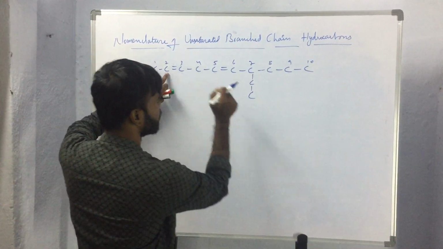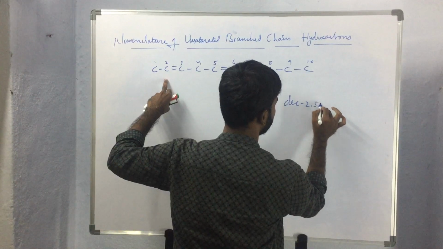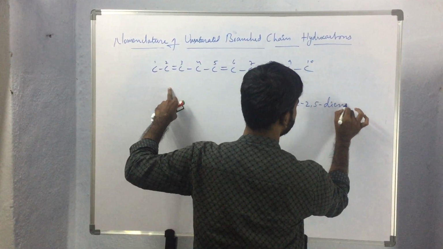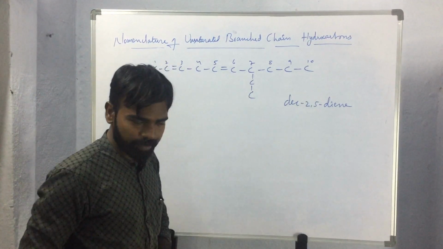Second carbon atom and fifth carbon atom is having double bonds, so dec 2,5 diene. So the name of the parent chain will be dec 2,5 diene.